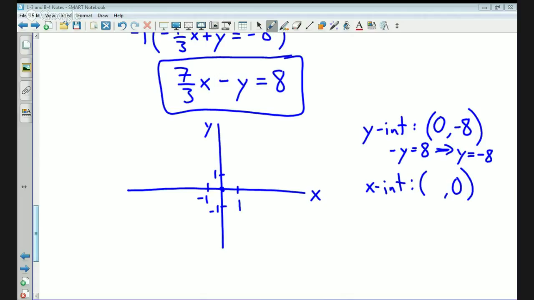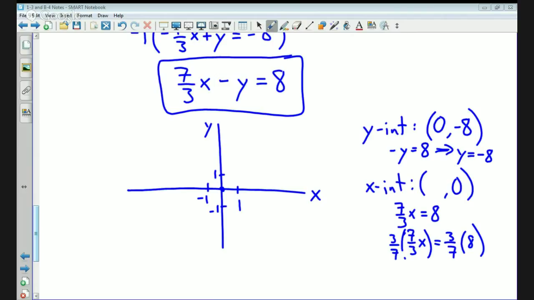And for the x-intercept, you make y 0, and here we'll have 7/3 x equals 8. Multiply both sides by the reciprocal of what's in front of that x. So multiply both sides by that reciprocal in order to get rid of the 7/3 on the left side.